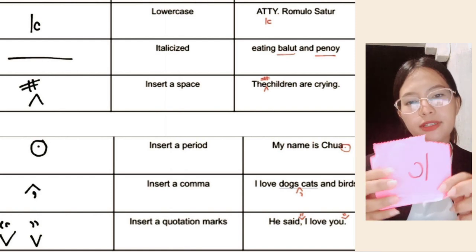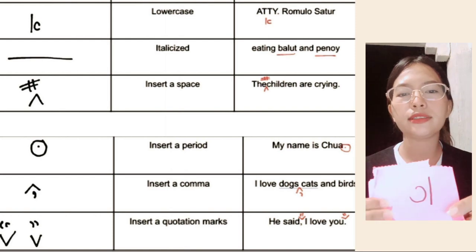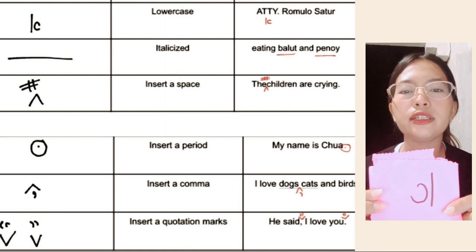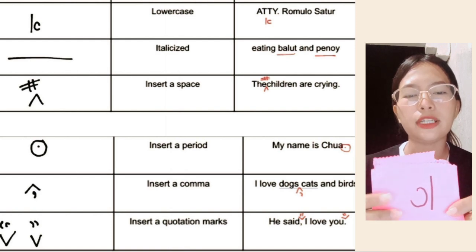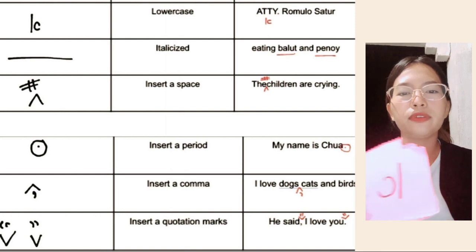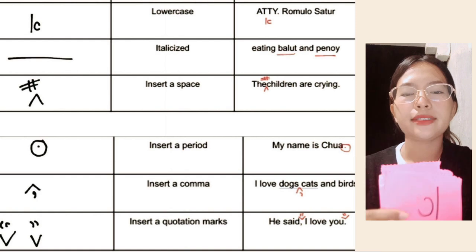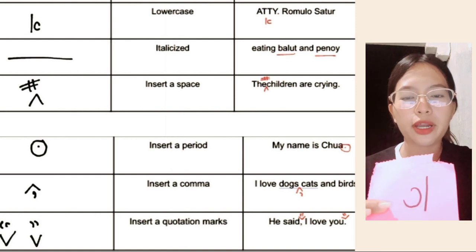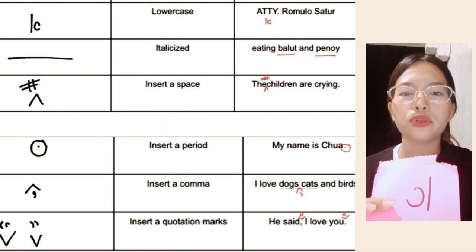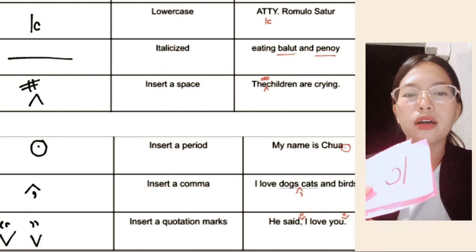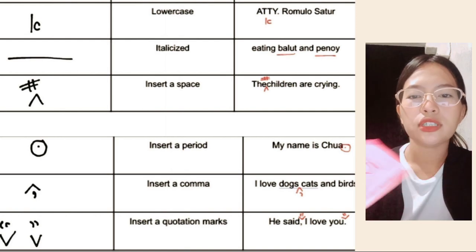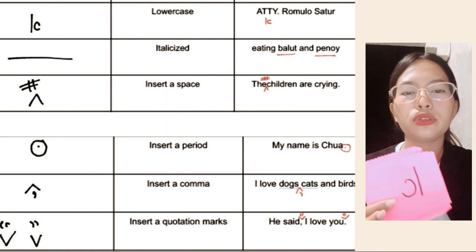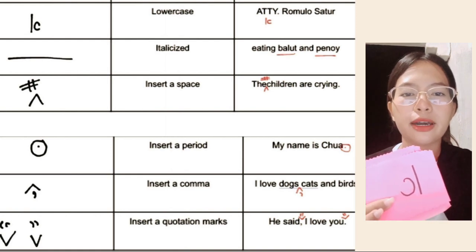The lowercase symbol tells the writer to change a capital letter to a small letter. For example, if someone writes Attorney Romulo Sator but the format requires lowercase, the attorney would be marked with lowercase to change it to attorney Romulo Sator for consistency in style.